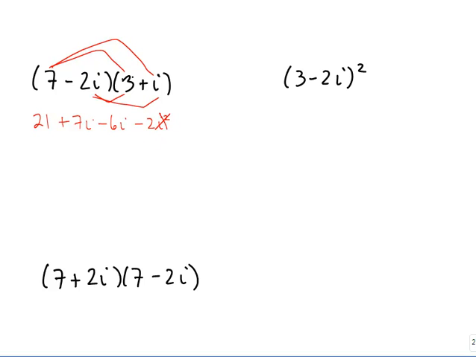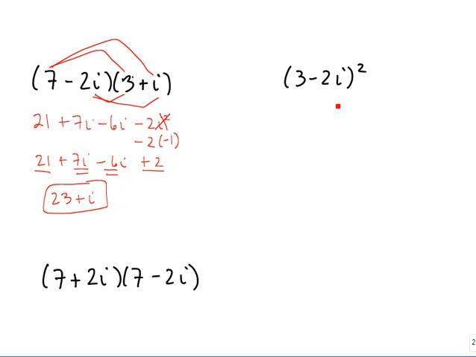Now remember that i squared immediately turns into a negative 1 times the minus 2 that was out front. So negative 2 times negative 1 becomes a plus 2. So if I just bring down my other three terms, now we can combine some like terms. 21 plus 2 is 23, and 7i minus 6i is a positive 1i, or just plus i. So our final answer, 23 plus i.